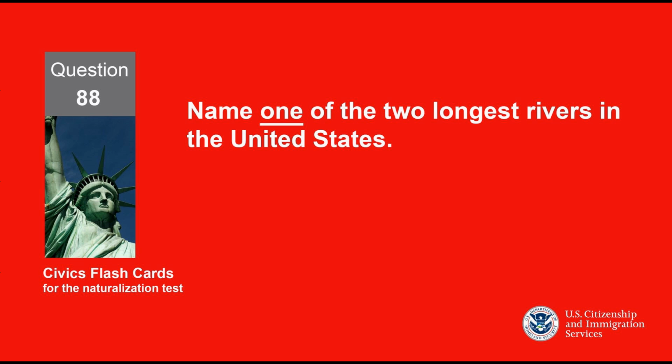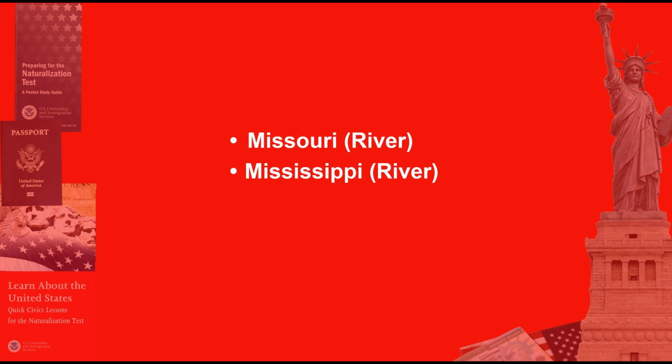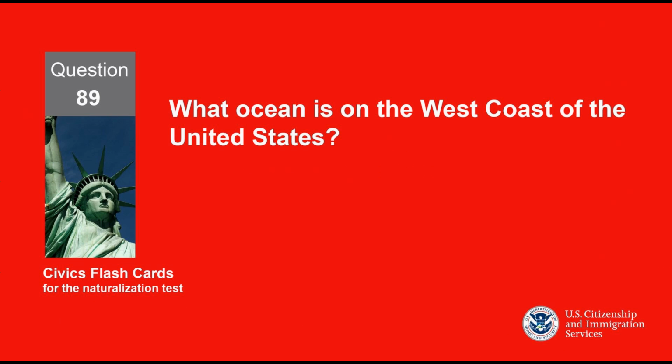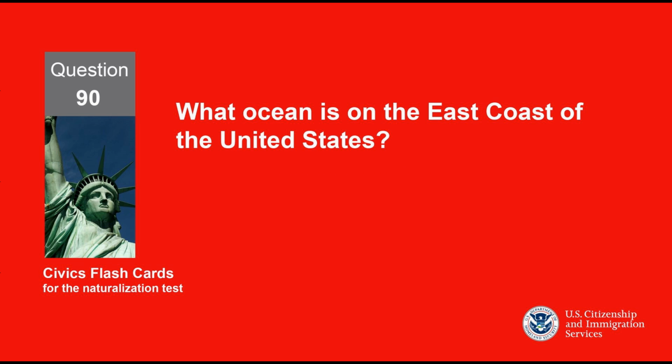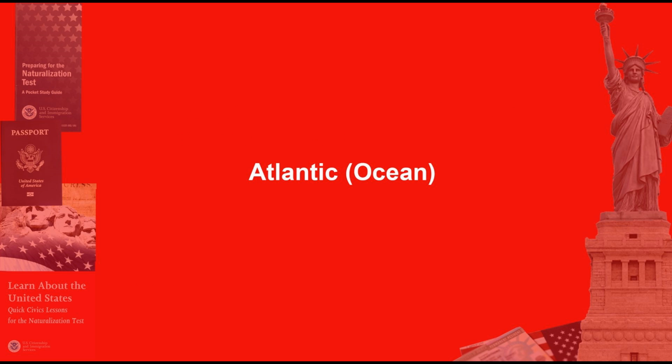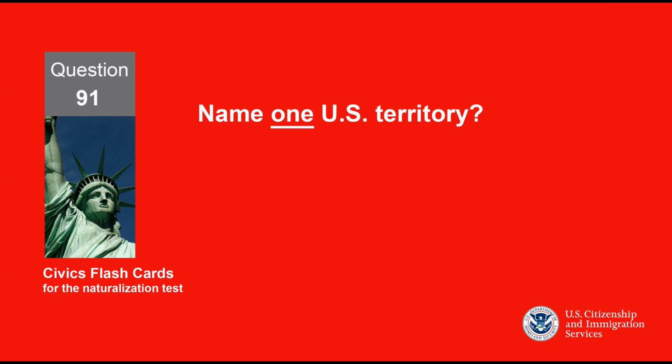Name one of the two longest rivers in the United States. Missouri River, Mississippi River. What ocean is on the west coast of the United States? Pacific Ocean. What ocean is on the east coast of the United States? Atlantic Ocean. Name one U.S. territory.